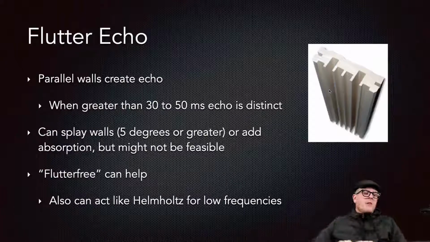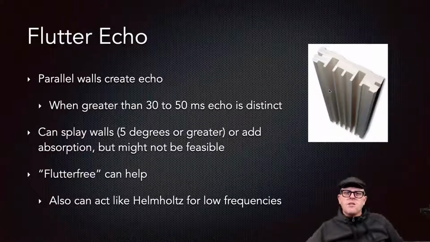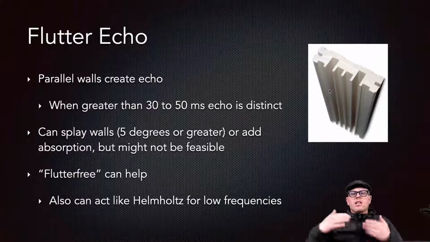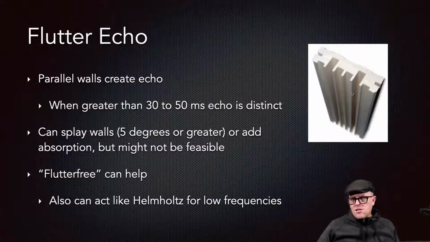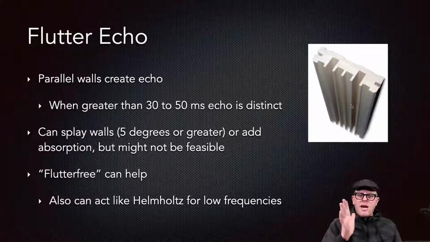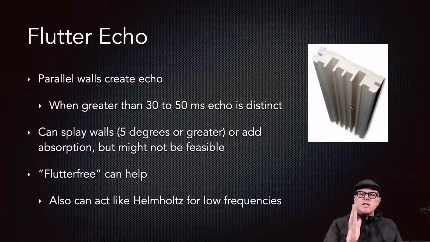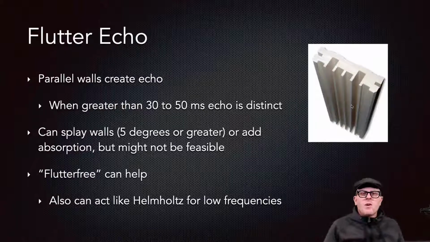The temptation is to make really deep wells if we want this thing to work over a large range of frequencies. But the problem is, as we go deeper and deeper, the sides of these wells, these dividers, start to act as diaphragms. They become diaphragmatic, so they start to resonate themselves. That's a problem. How do we mitigate that?